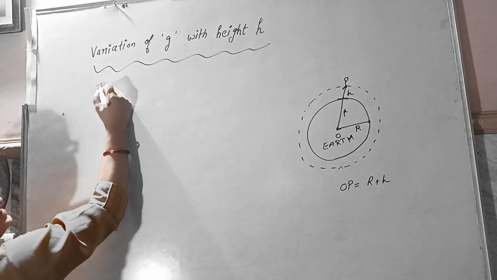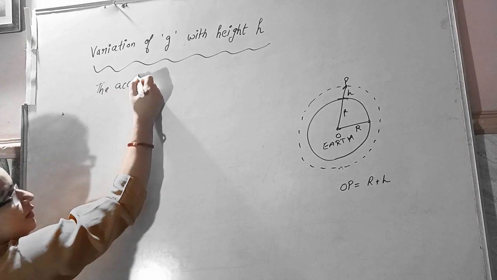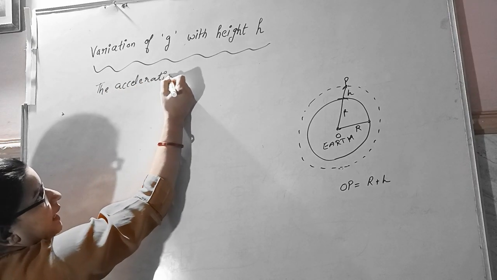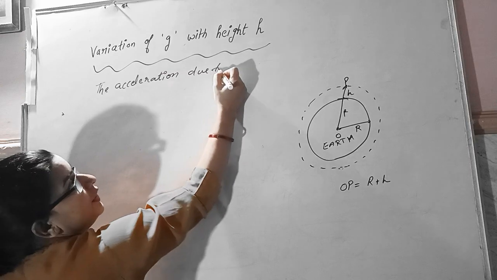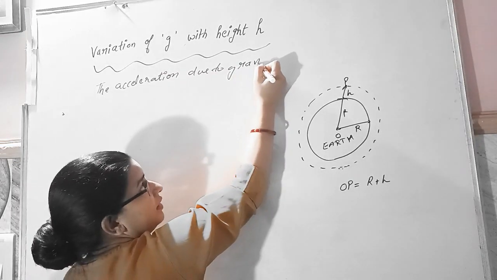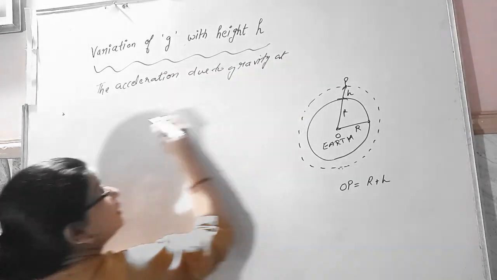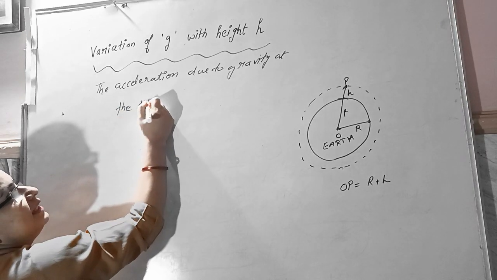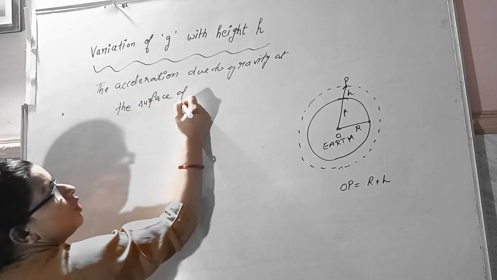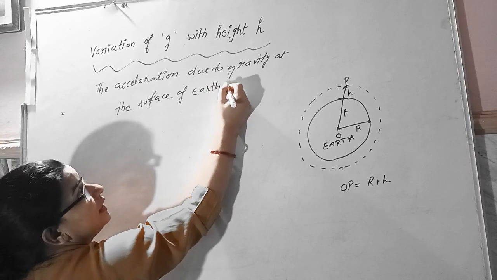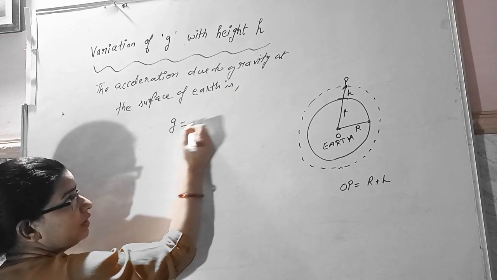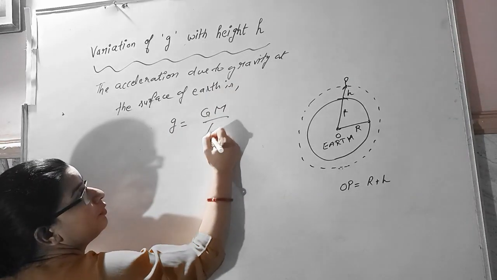Beta, g, the acceleration due to gravity at the surface of Earth, is given by g is equal to capital G M upon R square.